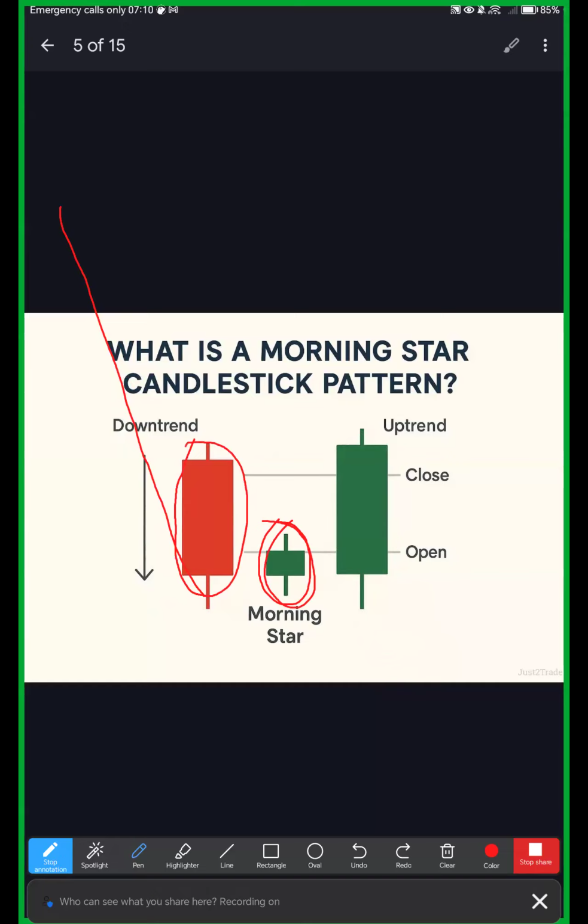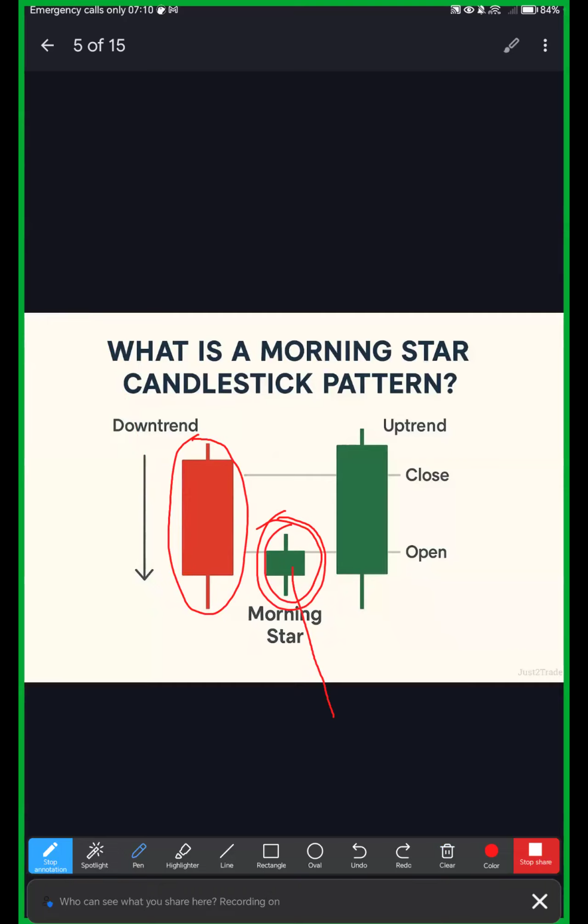If they were still having the same pressure, the second candle could also be a long candle. But you can see that when it came to this candle, they were still in control, but there is one problem. They are failing to push the price further down. So there is now a competition between buyers and sellers.